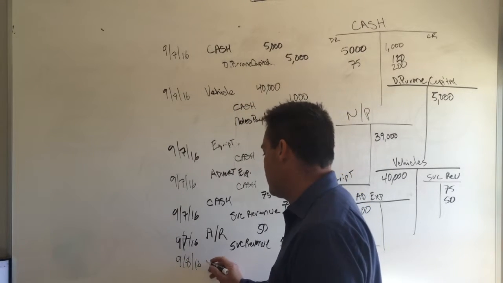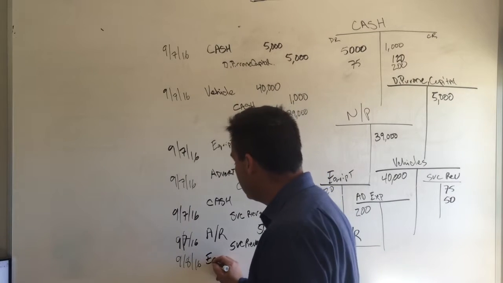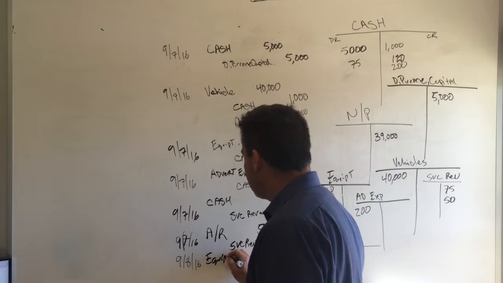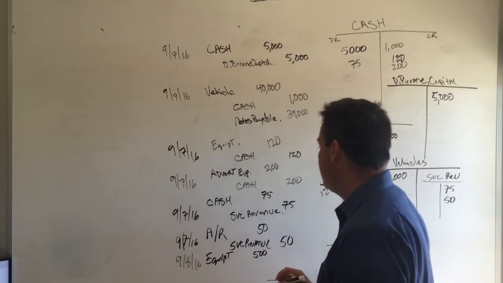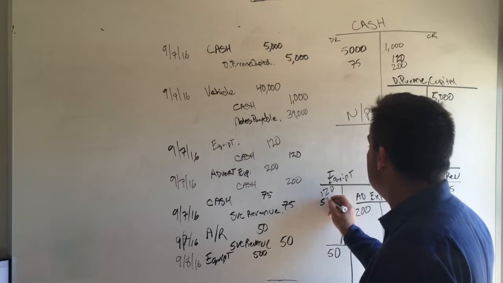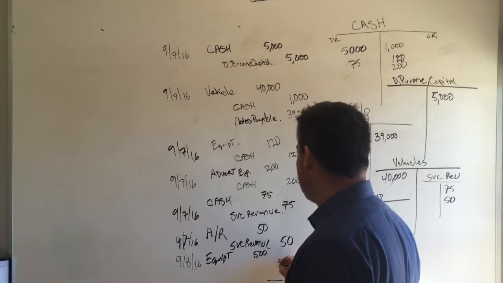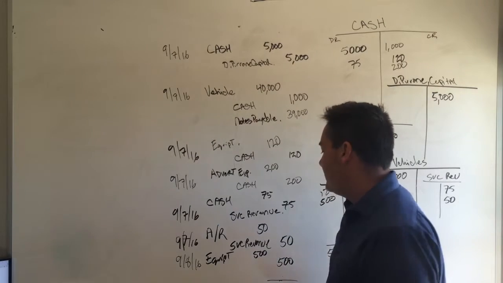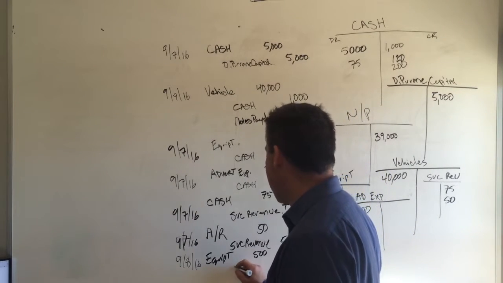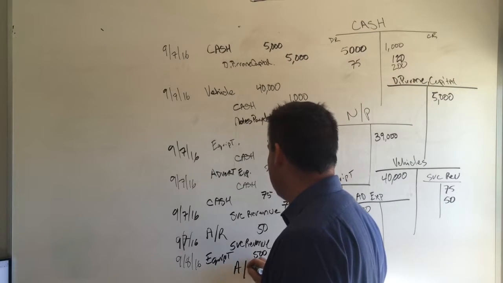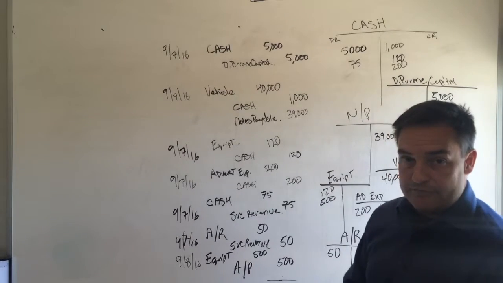So that journal entry is going to be a debit to, let's put that table also into equipment. And that was for $500. So we're debiting the equipment account for $500. And if you debit an account for $500, you got to credit an account for $500. And the account that we are going to credit is going to be accounts payable. So accounts payable. That's an example of a liability.